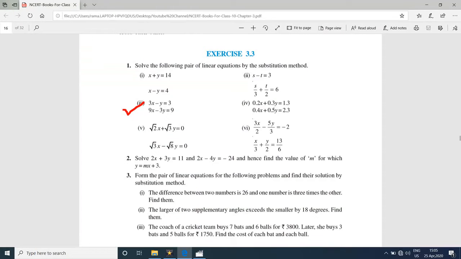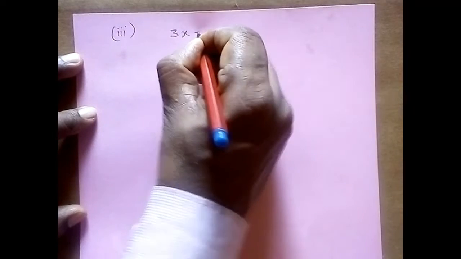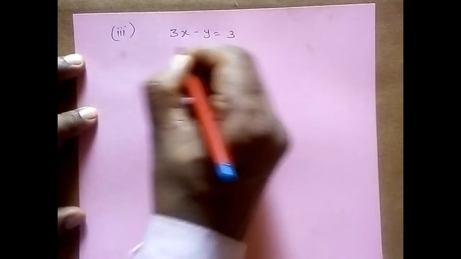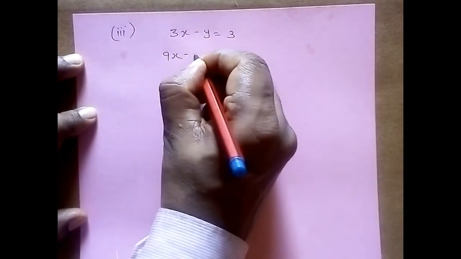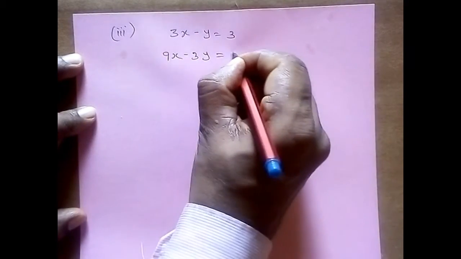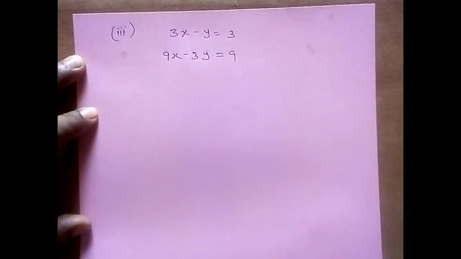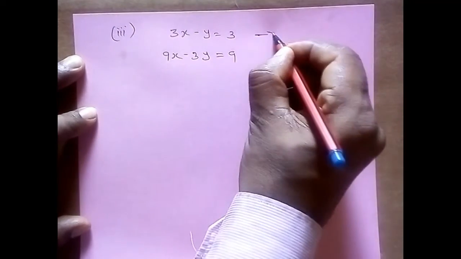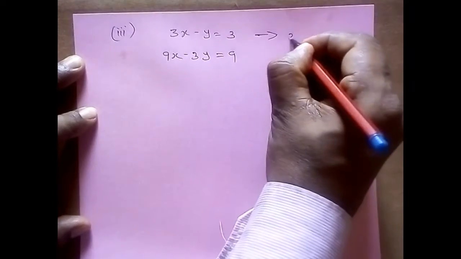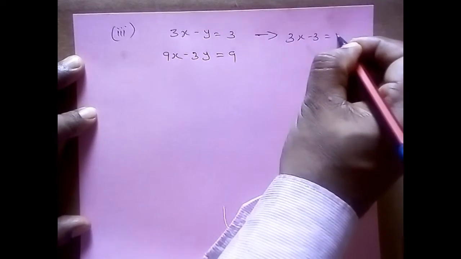Now we are moving to the third sub-question. 3x minus y equal to 3, and 9x minus 3y equal to 9. By the substitution method we will take 3x minus 3 is equal to y.